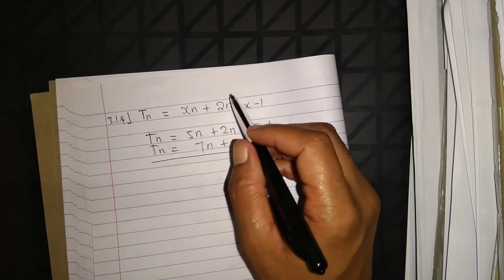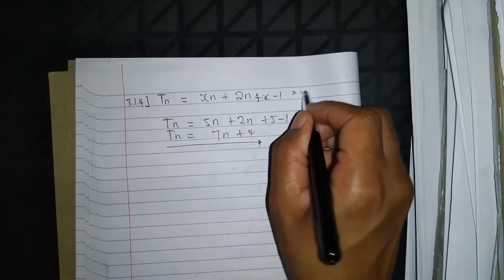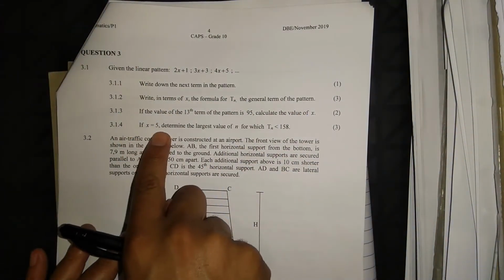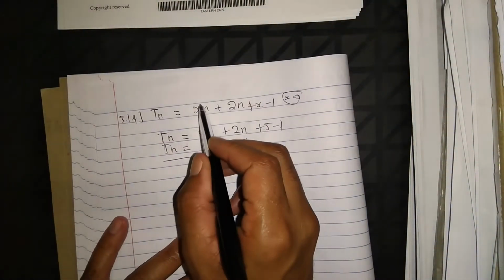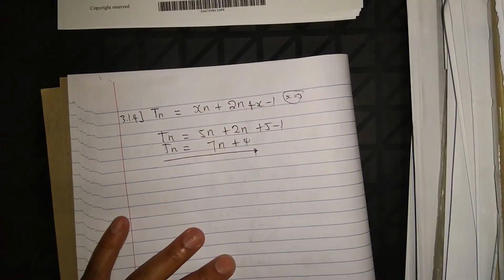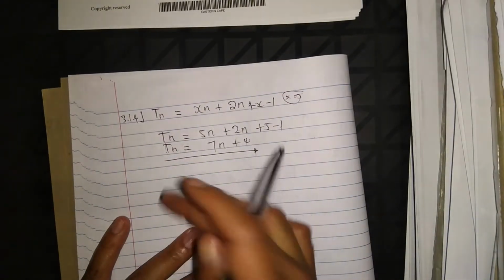Remember, if x is equal to 5, determine the largest value of n for which the statement is true. So I put x equal to 5 so that I can simplify the general equation.